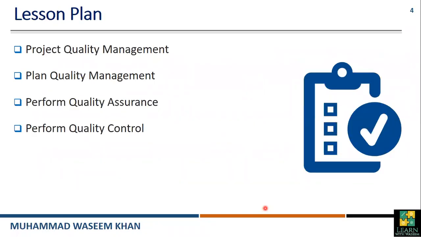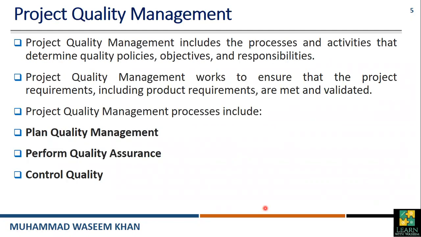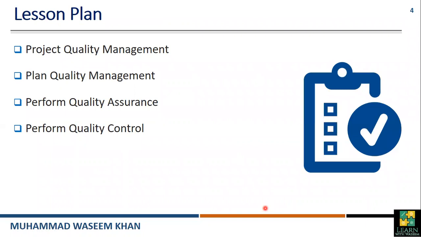The lesson plan is that first we will introduce quality management. Then we have plan quality management, its tools, techniques and processes. Then we have perform quality assurance and perform quality control. Today we are going to discuss project quality management and plan quality management.